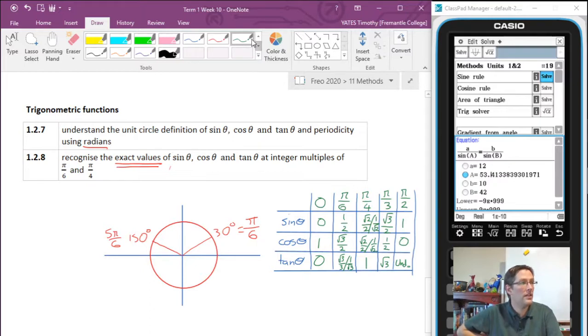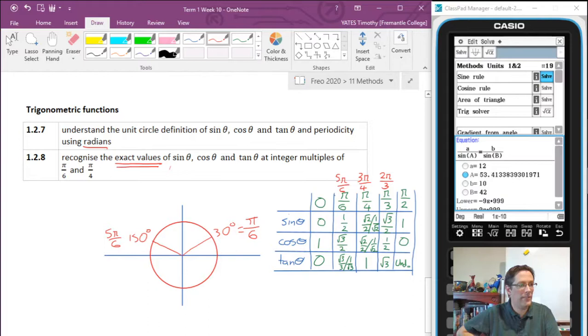So we also need to be aware of what happens when these get over 90 degrees, or pi on 2 radians. What if we end up at 2 pi on 3, or 120 degrees? What happens if we end up at 3 pi on 4, or 135? And what happens when we end up at 5 pi on 6? The trick is that these two will add together to equal pi, or 180 degrees.